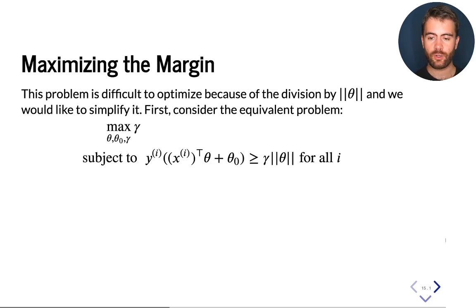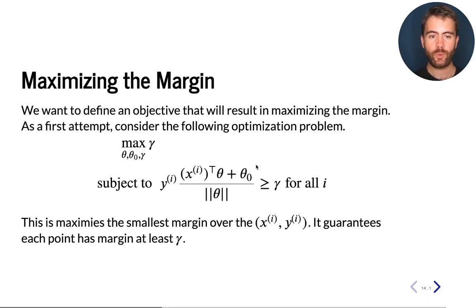But here in our previous optimization problem, we have a very complicated constraint, which is highly nonlinear. It involves dividing by the norm. And if we input this into a standard solver, the resulting algorithm, which would consist in solving this using an off-the-shelf optimization procedure, will not be very scalable and effective.